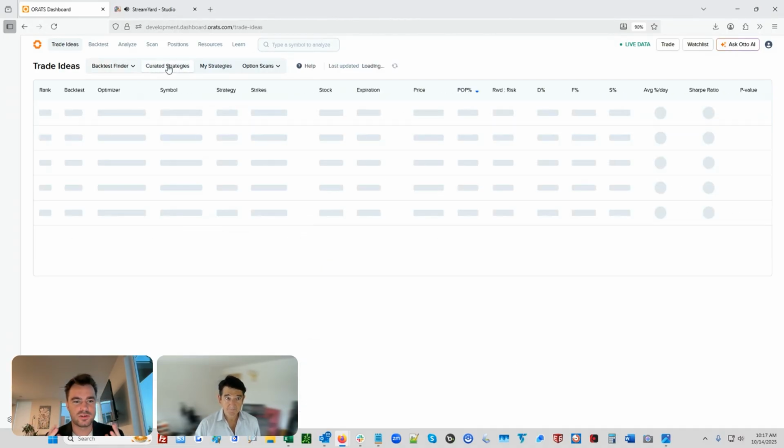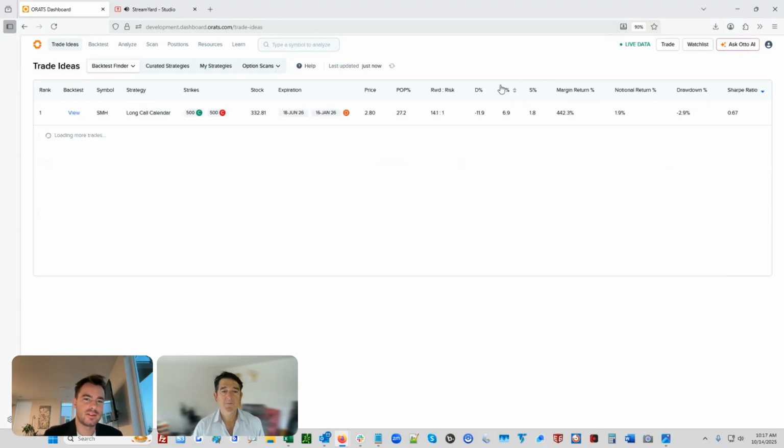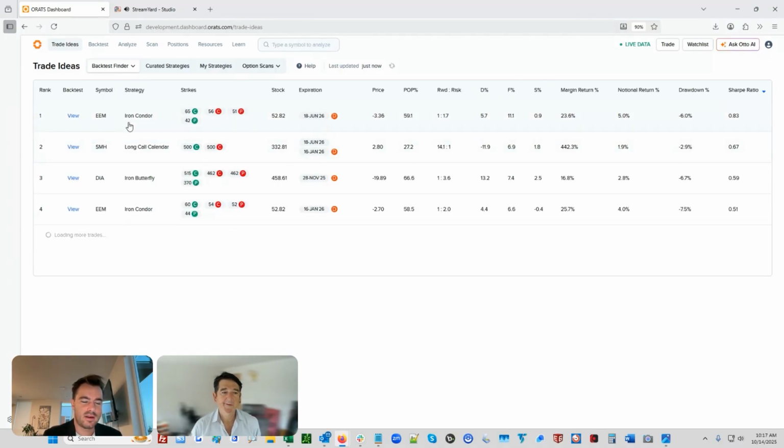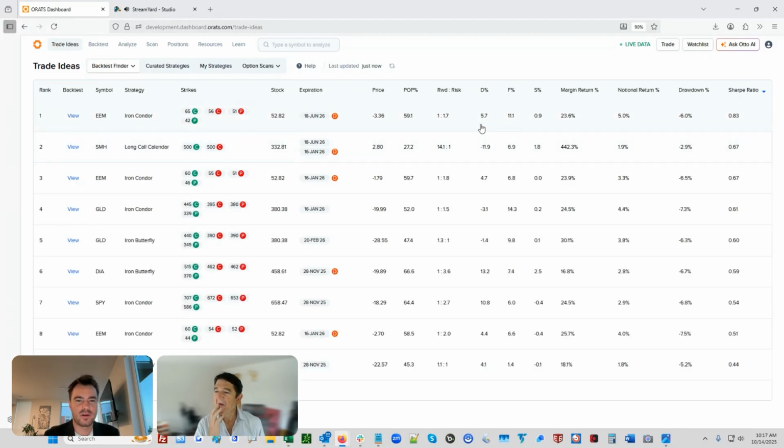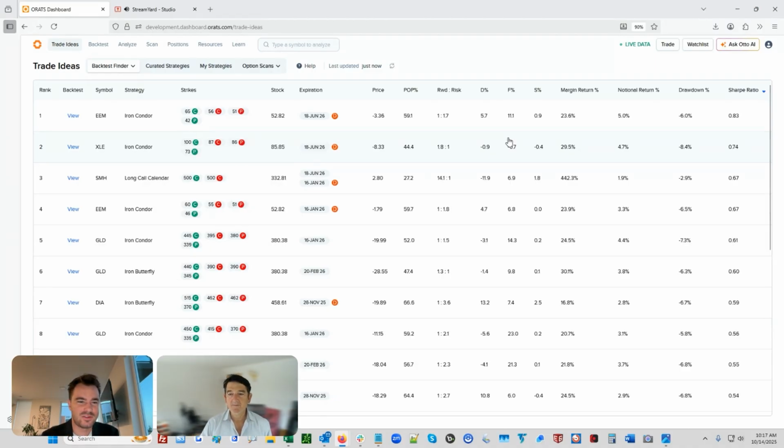There are a lot of different combinations of calendars you can trade: different strikes, different widths, and different expirations. The way we like to pick them is with our option scanner, which has these theoretical values as part of the weighing process when ranking the trades. So it's just one part of the journey of trading, and we like to give you a little bit of alpha at every step.